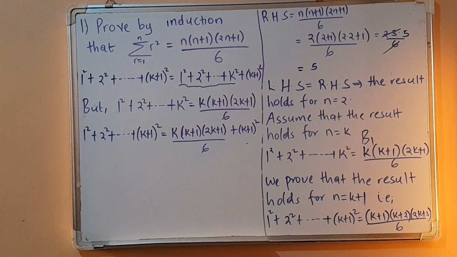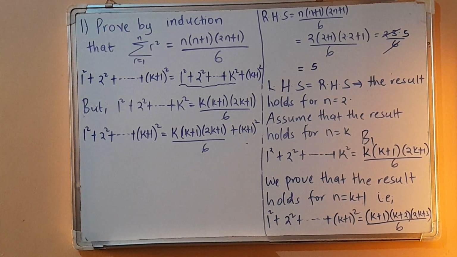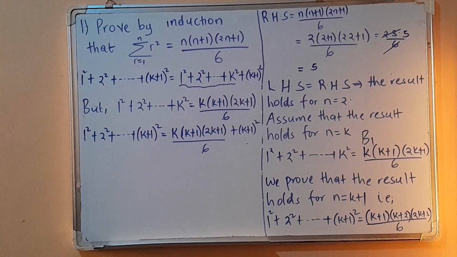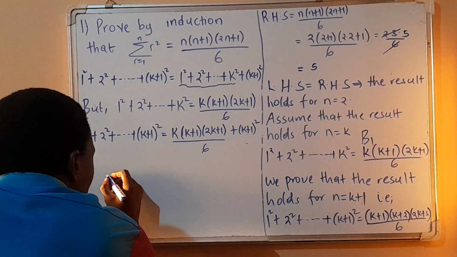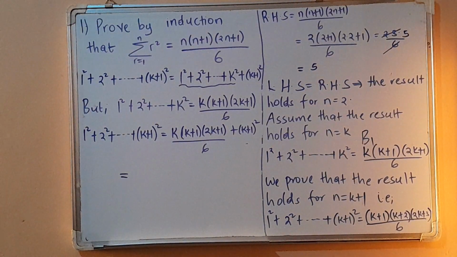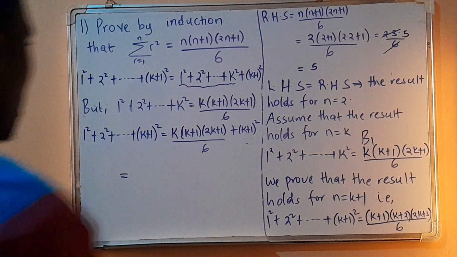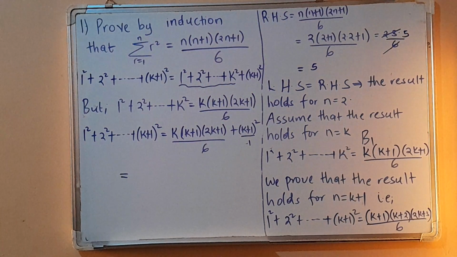So we can get the LCM. So the LCM here is, you can decide to first get the LCM, which is 6, or you can also factorize out k plus 1.